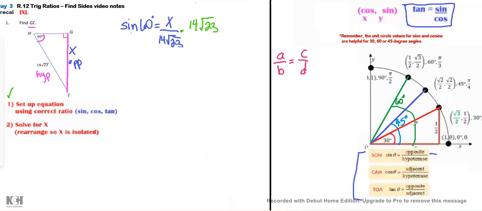What you do to one side, you have to do to the other. So we would multiply this side by 14 square root of 23. What ends up happening is these two cancel out, leaving x all by itself, right? And then what we have now is 14 square root of 3 times sine of a 60-degree angle.